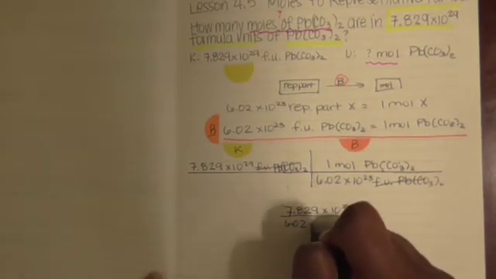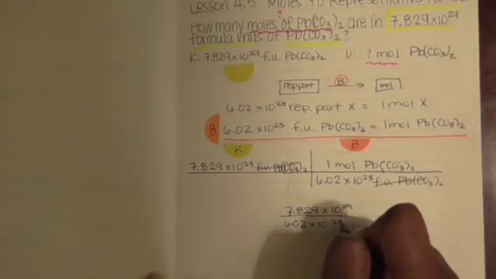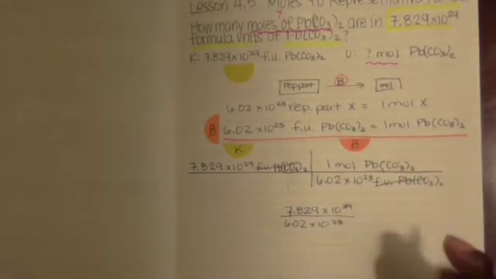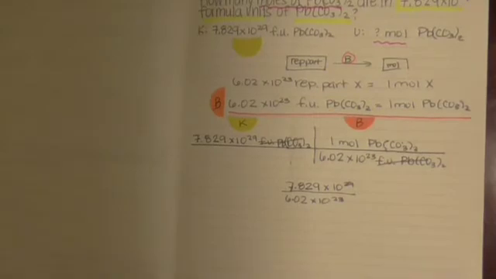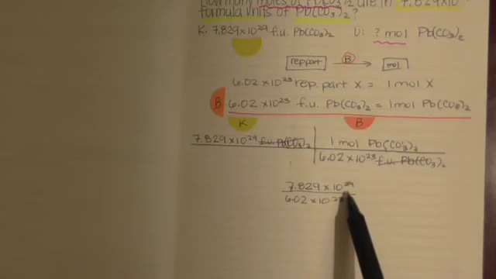Now this is the part that's the most important part. You have to think, okay? The reason you have to think is because if you do something wrong with your calculator, you need to be able to catch it. So you're about to put this stuff in your calculator. You have a number that's 10 to the 29th being divided by a number that's 10 to the 23rd.